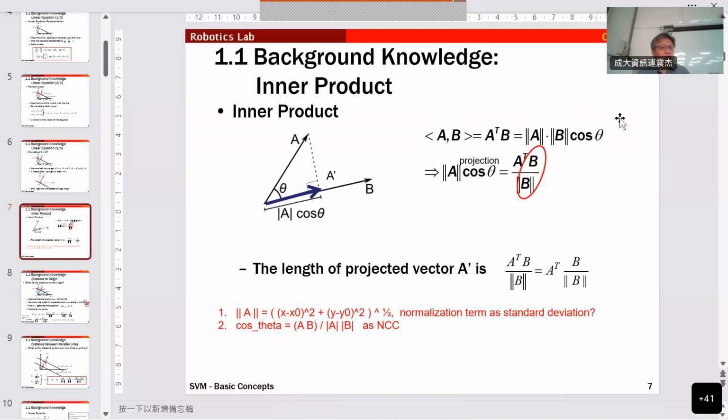What is this equation? It is the relationship between two vectors.